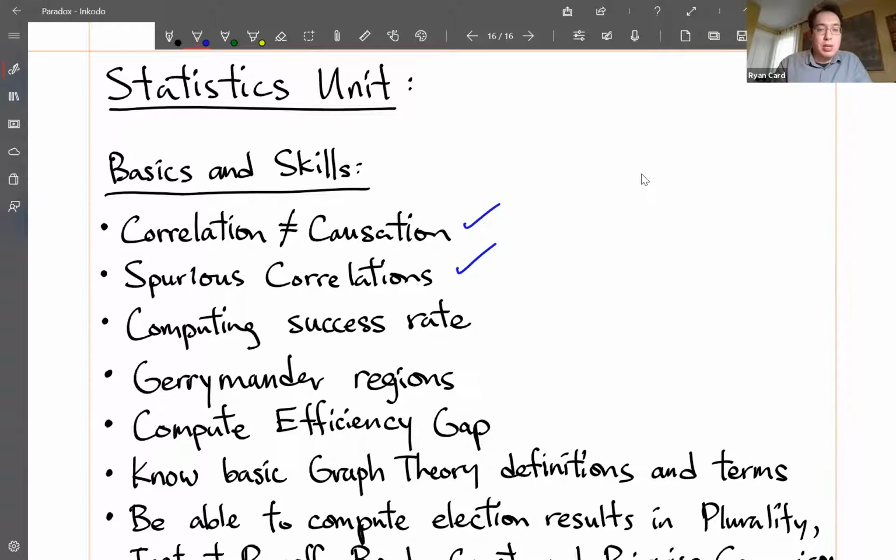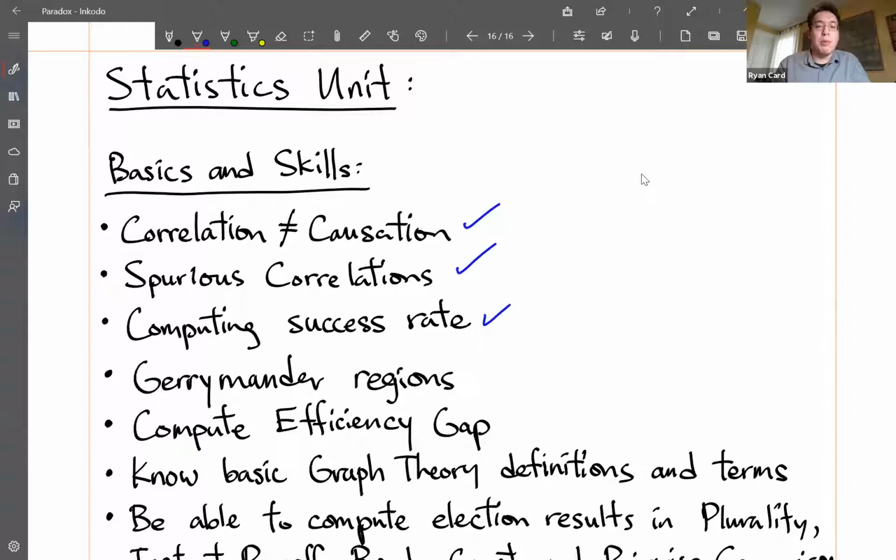The next thing we did was Simpson's paradox. In that worksheet we did a lot of looking at who does better depending on different groupings. So you should be able to compute success rate overall or success rate within a category.